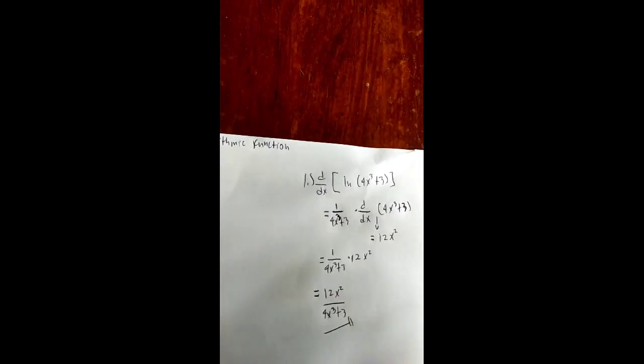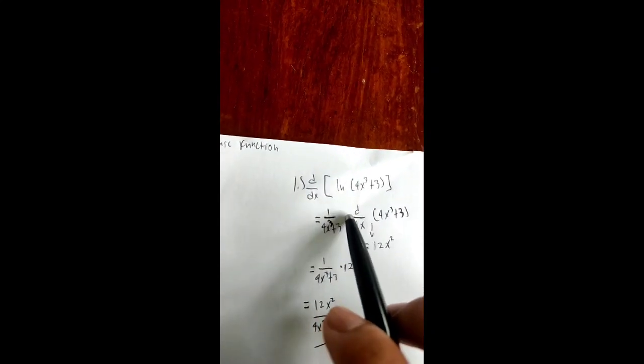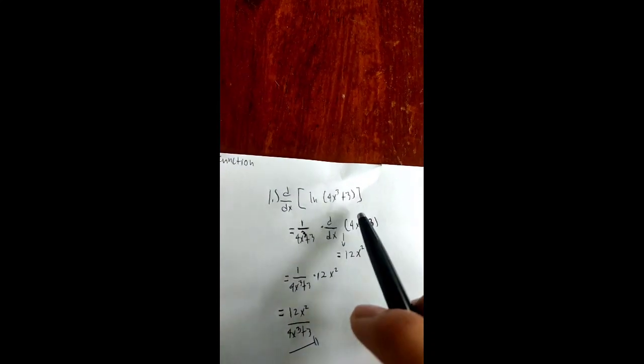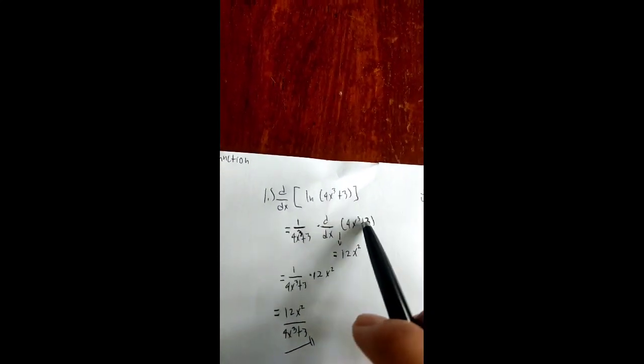So 1 over the function is 4x cubed plus 3, multiplied by the derivative of the function. This is our function, 4x cubed plus 3.